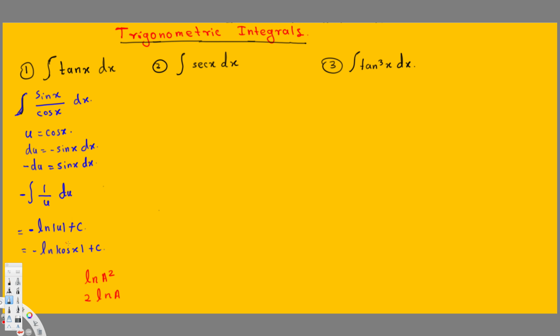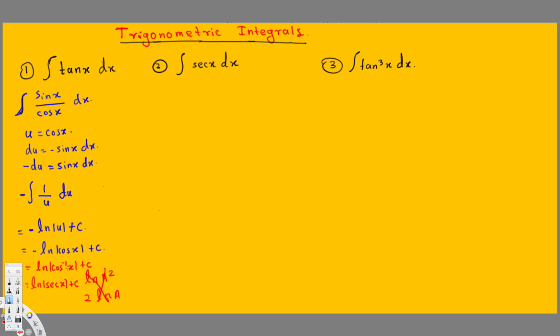I can bring the minus 1 to the power, and that's going to make it ln cos to the minus 1 x, cos inverse x, plus c. We know that cos inverse is sec, so we can say ln sec x plus c. So both are the same thing, and that is the answer for the first question.